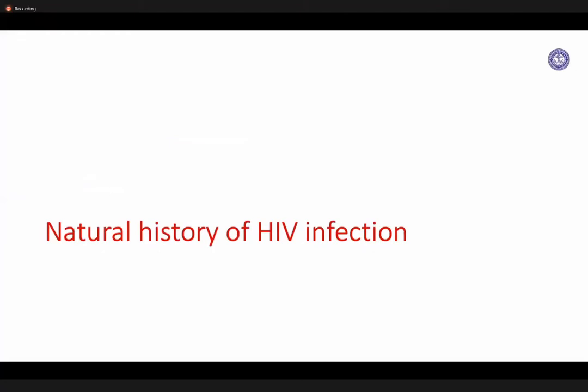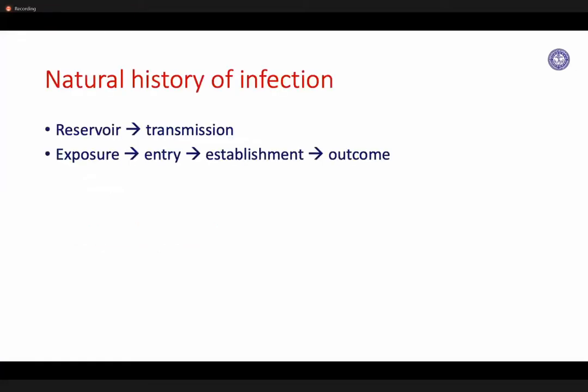So with regard to the natural history of HIV infection, you might remember that at the first lecture, or the second lecture I gave you in the module, I spoke about the fact that there are three steps: exposure, infection, disease. Whether you get exposed and infected depends on the reservoir and whether the person is exposed to a mode of transmission.